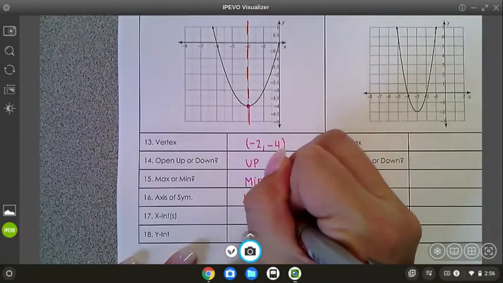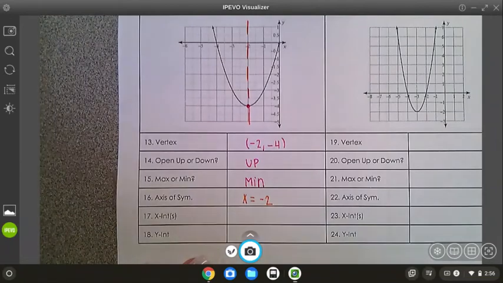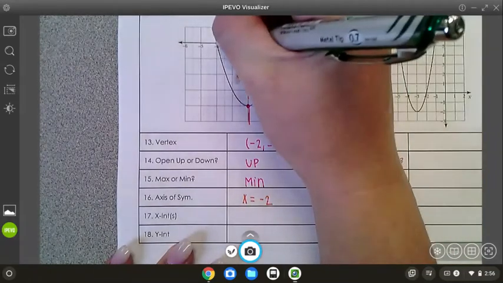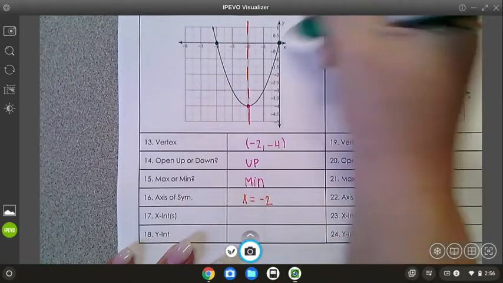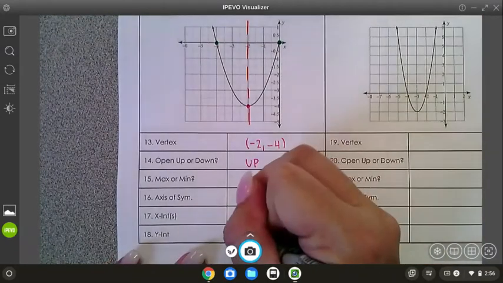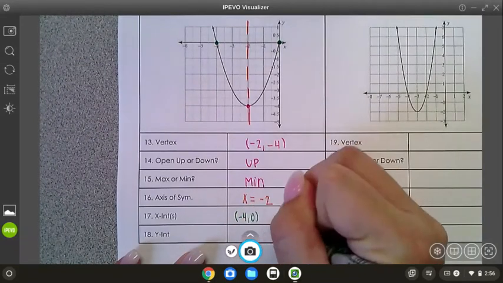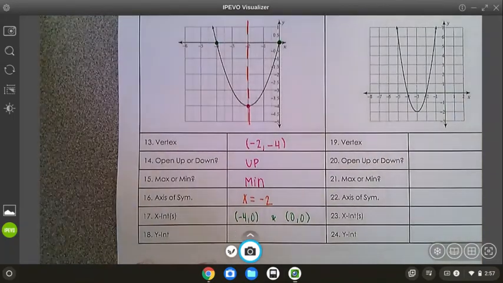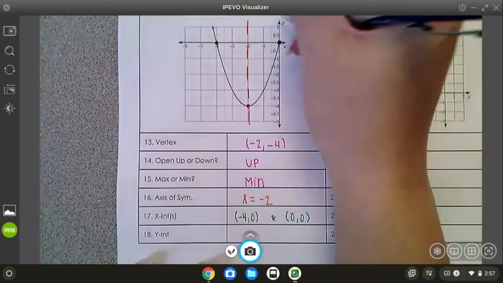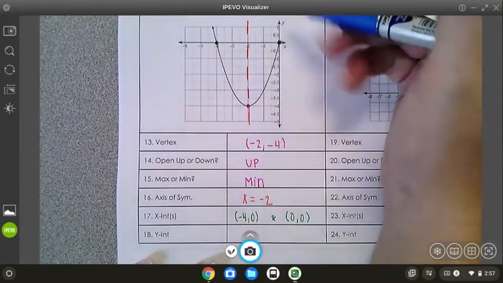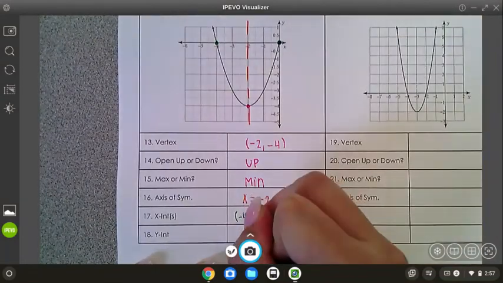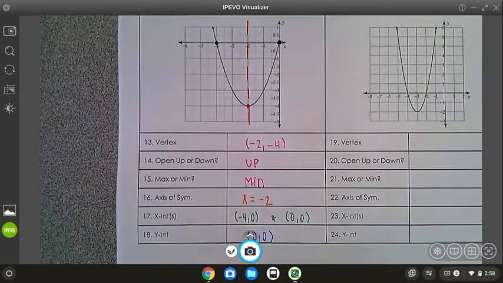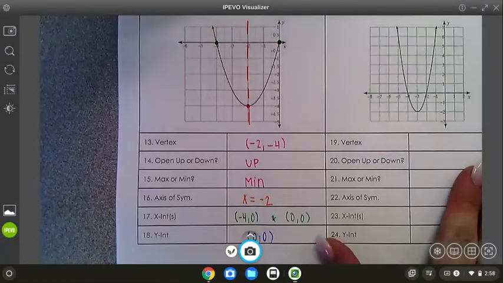So we write x equals -2. The x-intercepts here, and looks like it's going to hit at the origin again. So -4, 0, and 0, 0. And this one crosses, here's my y-axis, and it crosses that y-axis at the origin again. So 0, 0. All right, now I want you to try this last example by yourself.